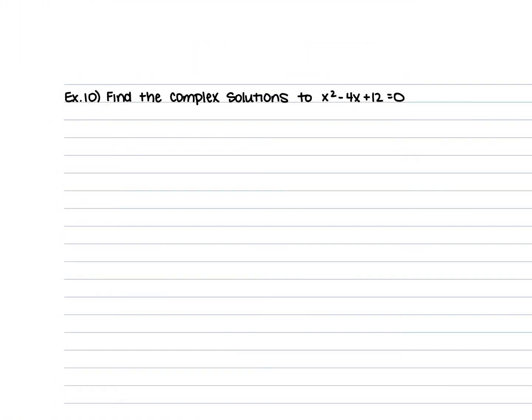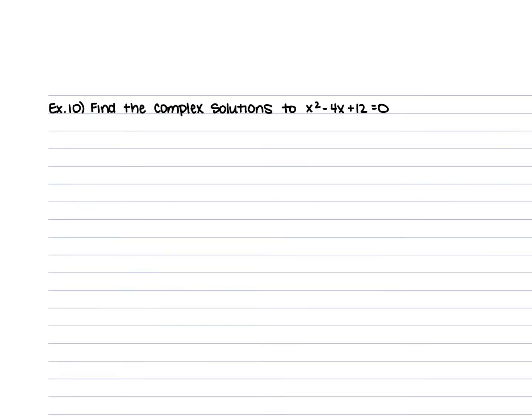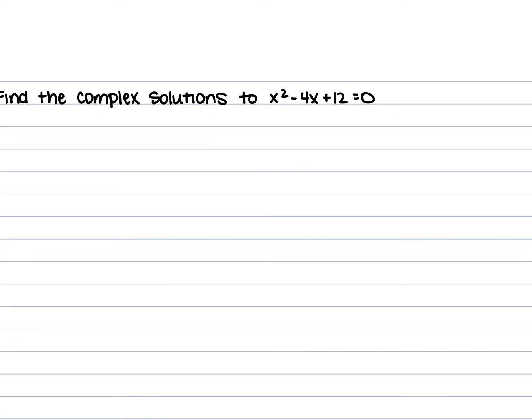For the last example in this lesson, we have x squared minus 4x plus 12 is equal to 0. If we solve this by completing the square, we would have to move the 12 over by subtracting it from each side. This is going to leave us with x squared minus 4x is equal to negative 12.